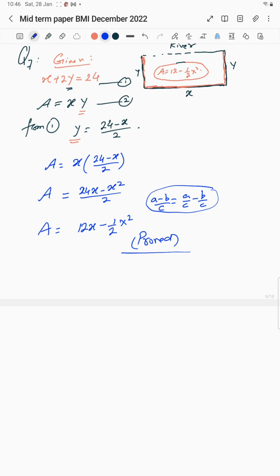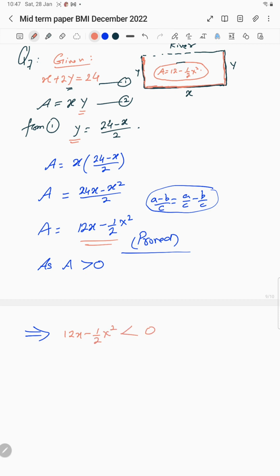Now further, they also asked in the question to find the domain and range of this function area. So we know that area can never be negative in measure. It's always positive, because it is in square units. So we can say as A is bigger than 0, it implies that this whole result, 12x minus 1 by 2 x square, is bigger than 0.